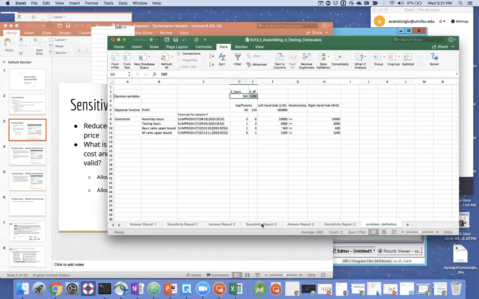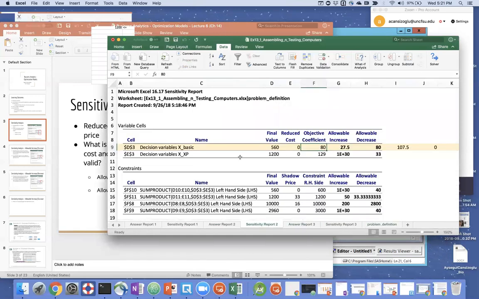Just to recap, we solved our original problem and got this sensitivity report. According to it, it's okay to decrease this objective coefficient by 80 and increase up to 27.5, and if we do that, our objective function and the optimal solution are still the same. Then we said, let's try whether it is correct.